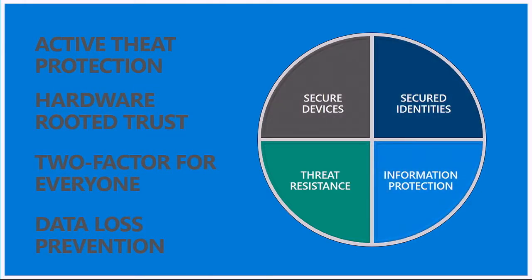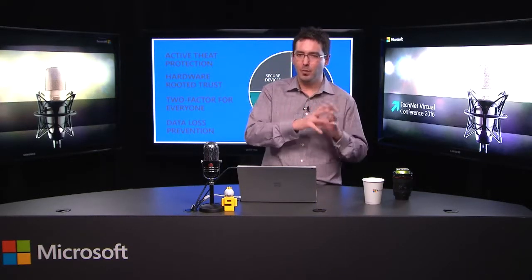So heaps of cool security technologies inside Windows 10. We've looked at Device Guard, how that is actively providing threat protection for your Windows systems. We've talked about how Windows 10 has this hardware-rooted trust using Secure Boot, using UEFI firmware.